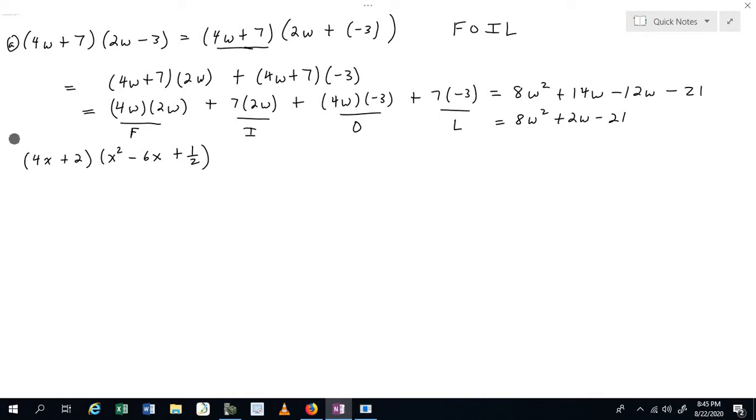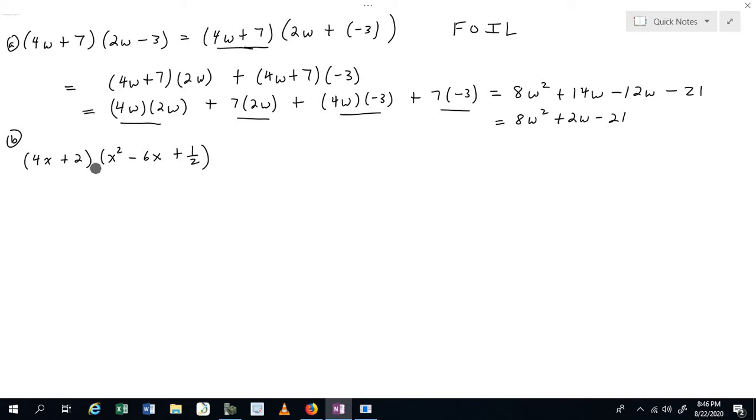Okay, so let's look at this next one, part B. Now, notice up here, I just want to mention, this is when you have a binomial times a binomial. You can use the FOIL method anytime you multiply a binomial by a binomial.